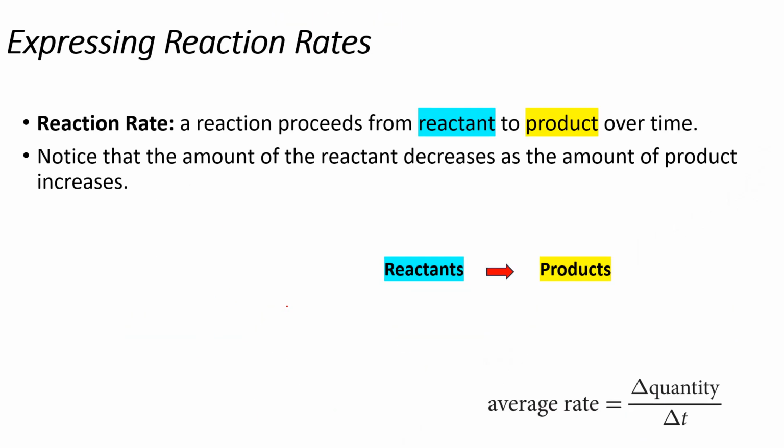This is true for basic chemical reactions, irreversible chemical reactions. The reaction will always proceed from reactants to products, guys, over time, and the reactant's quantity is going to decrease and the product is going to increase, as we saw in the previous slide.